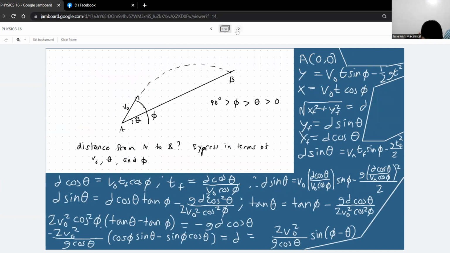So phi is 50, theta is 31. 43.5 came out. What did you get? 23.5. Please check the substitution. 2 times 100 times sine of 50 minus 31, over 9.8 cosine of 31.